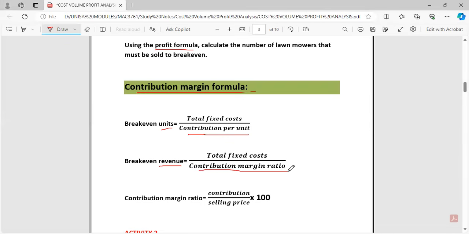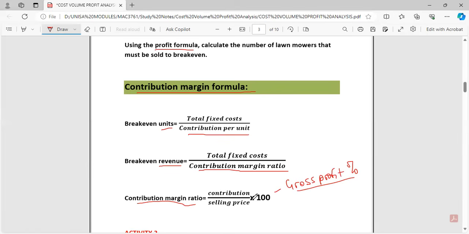For those who have done Mac 3602, this is what you used to call the gross profit percentage. That's the contribution margin ratio, the gross profit percentage.